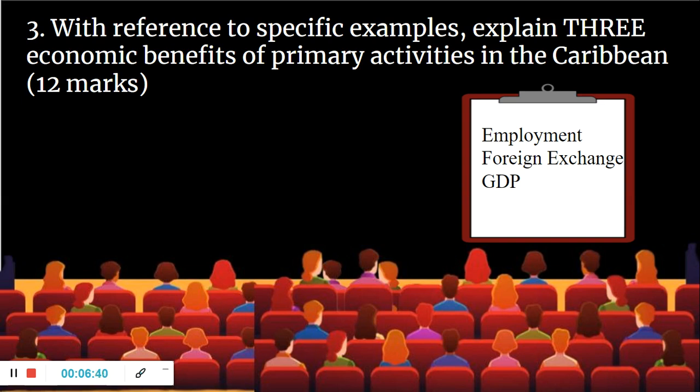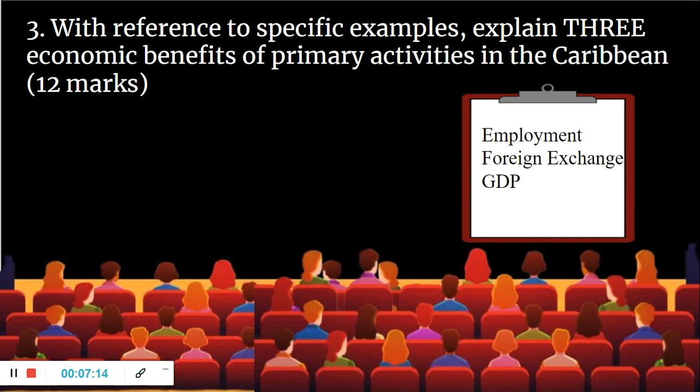So let's say we're talking about employment and we want to give an example. So we could talk about agriculture, for example. So we could make the point that agriculture provides both self-employment for farmers as well as paid employment.